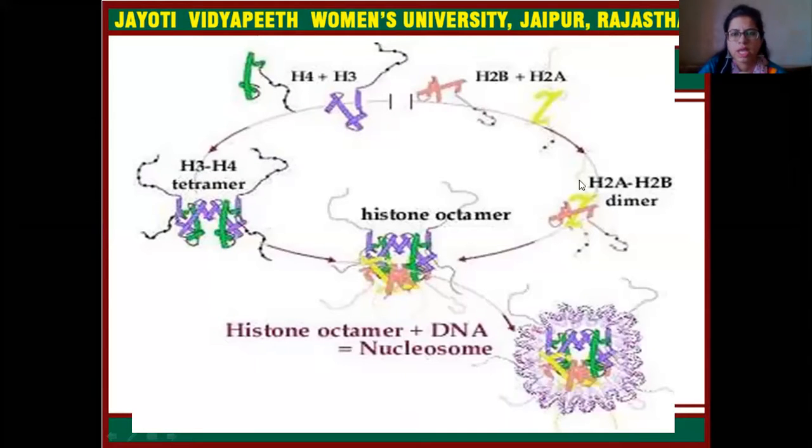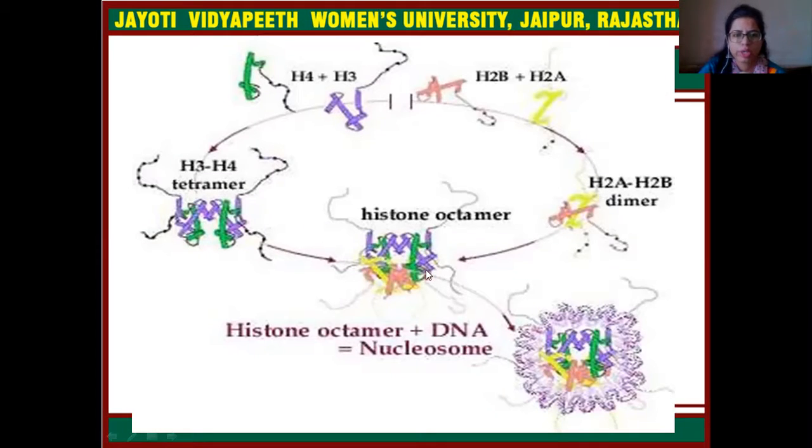On the other hand, the H2A-H2B complex is basically a dimer. Now they join together and create the histone octamer, and the histone octamer and DNA together create the nucleosome.